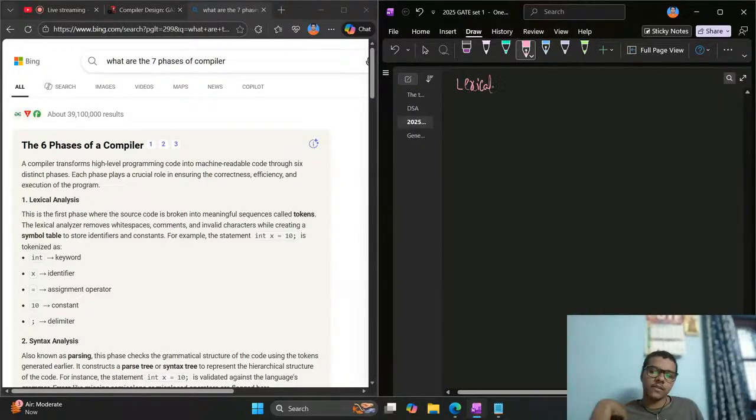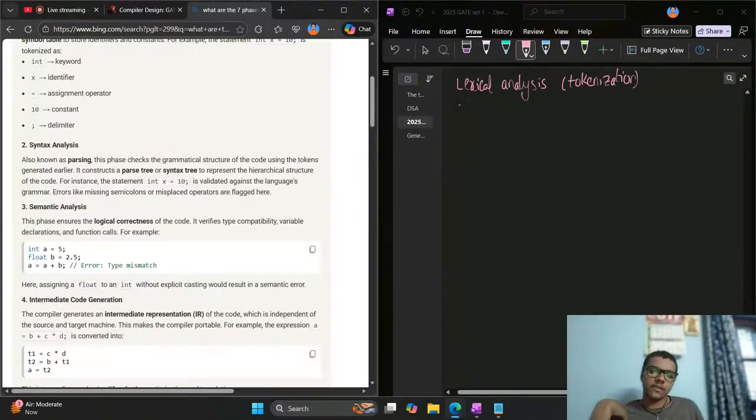Lexical analysis: tokens, tokenization. Syntax analysis, for example, a semicolon.